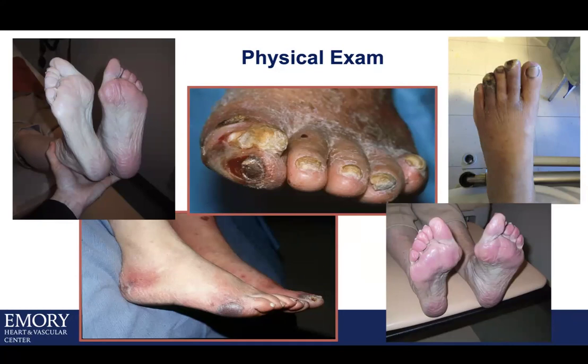On examination, ischemic ulcerations and gangrene are mostly located on the toes or the forefoot, but other areas sometimes are involved, especially in diabetics, where the biomechanics are altered and there is neuropathy, and so sometimes you can have ulcers in areas that are known as load-bearing areas, such as the ankle, but mostly the toes and forefoot.